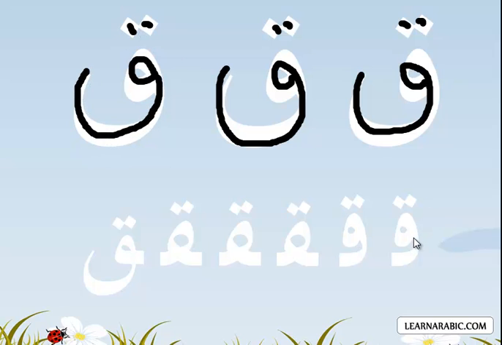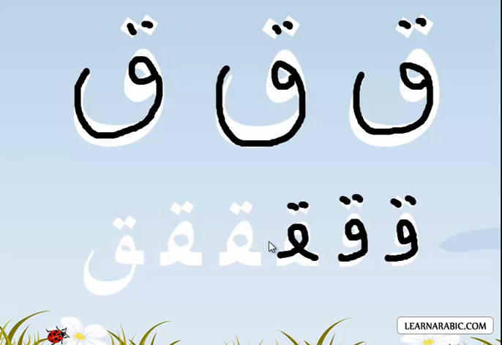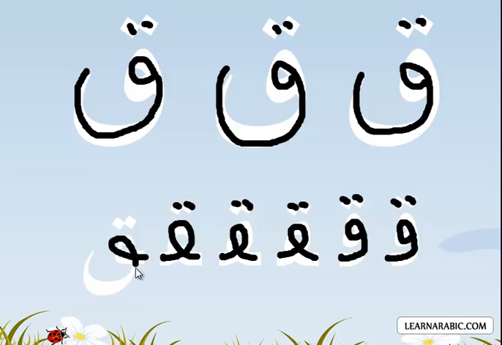And again, as with the fa, we see that it is very similar, the only difference being that it has two dots. This is in the middle, once more in the middle, and then at the end it retains its main body shape, qaf.